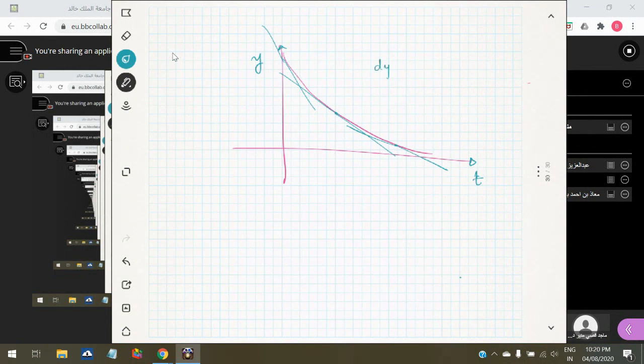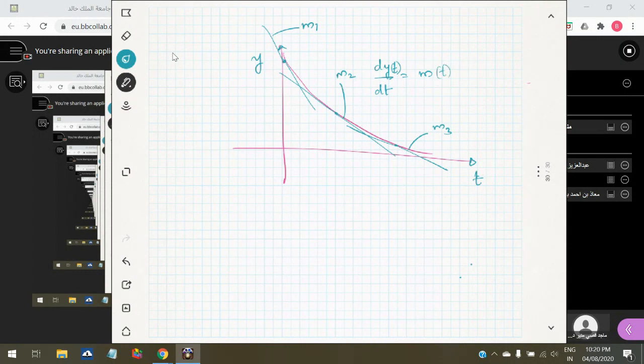Then dy by dt is nothing but the slope, right? Y is a function of time, so dy of t. Now you see, this slope is m1, at this point another slope m2, at this point another slope m3. So this slope is changing, a function of time.